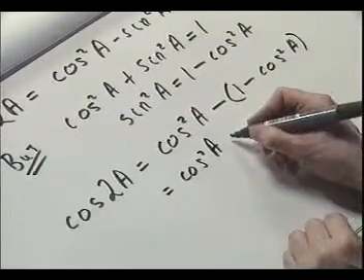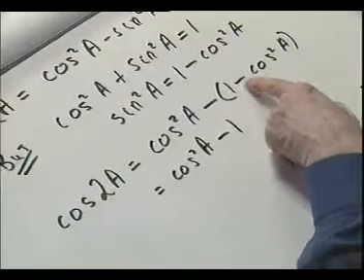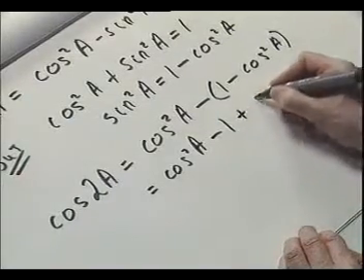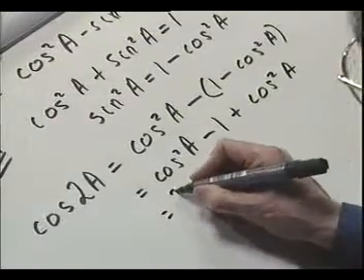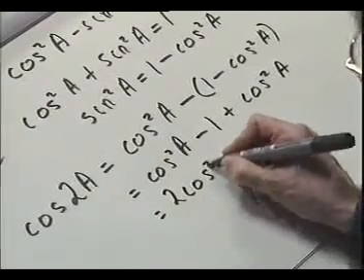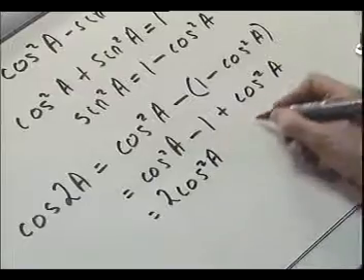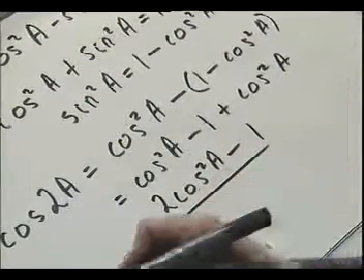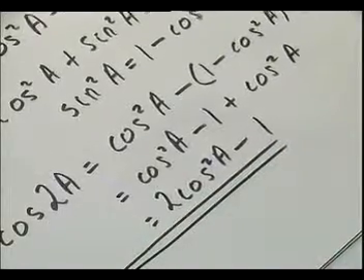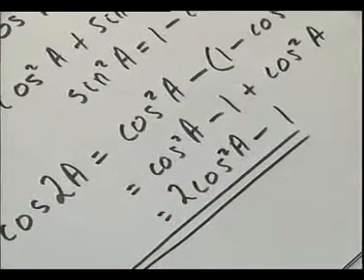Minus 1, minus minus gives me a plus cos squared A. And so I now have 2 cos squared A minus 1. So that's another double angle formula for cos 2A.